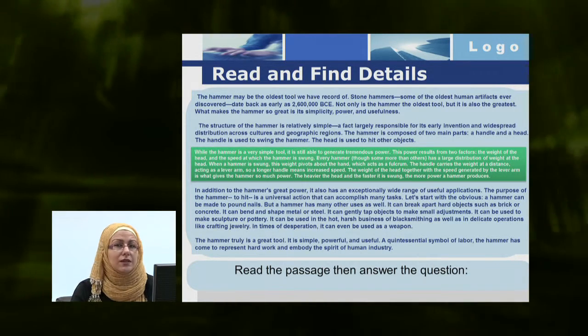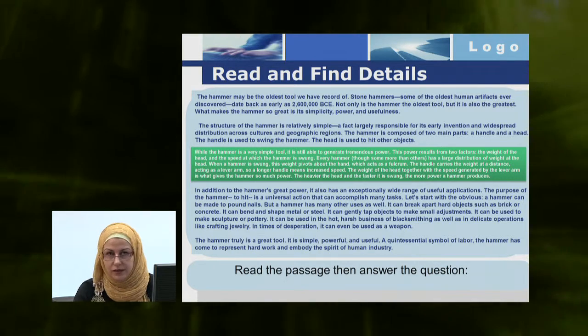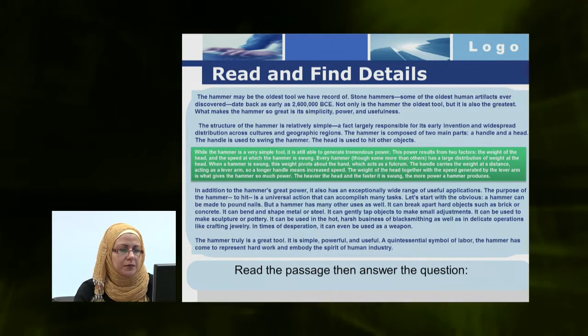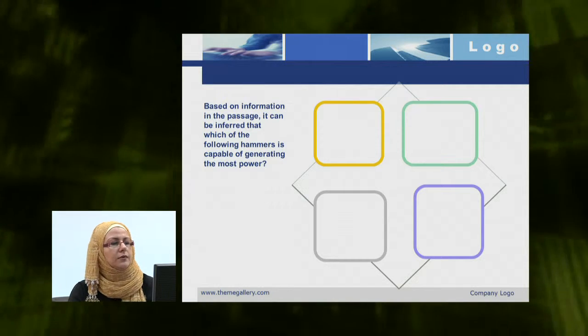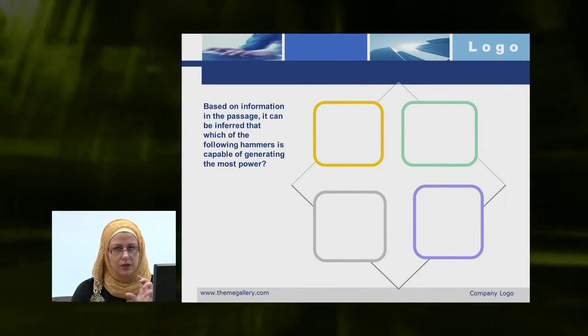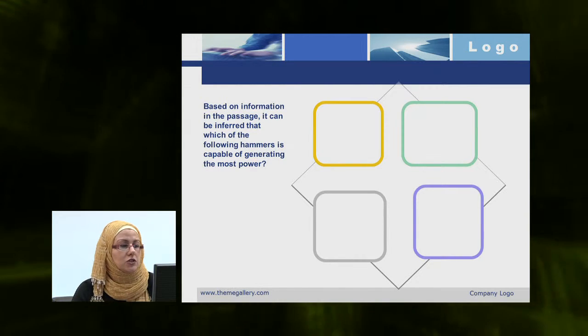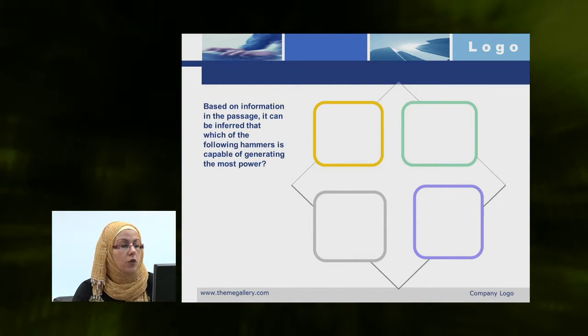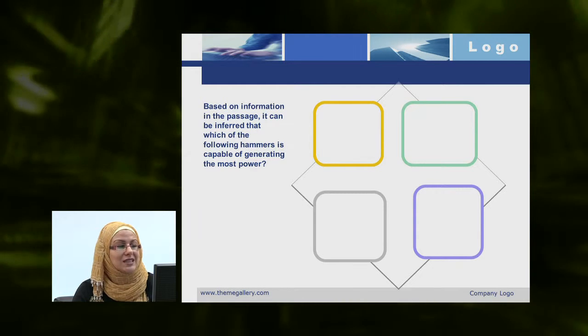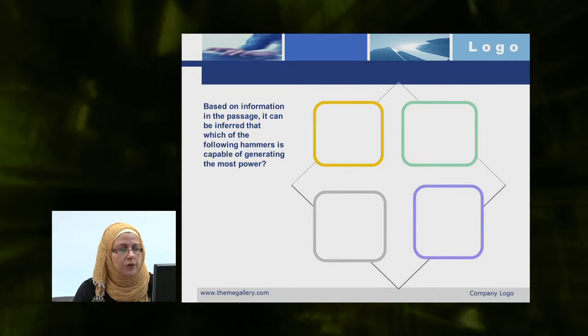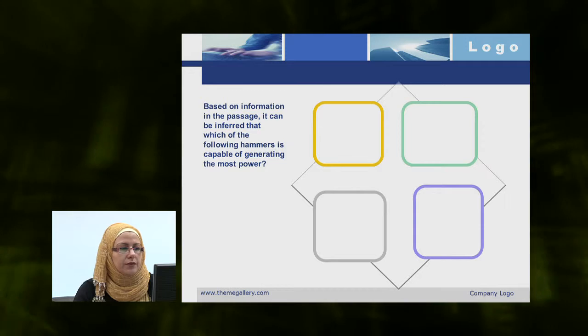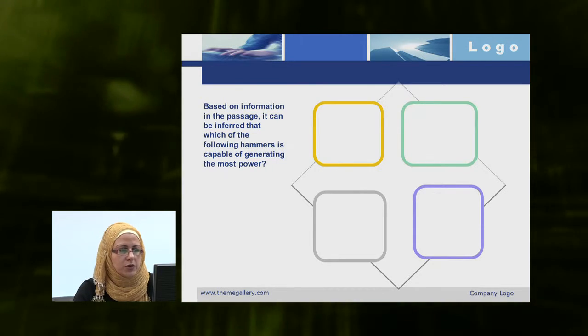To help you, the detail is in paragraph 3, the highlighted paragraph. Now, the stem of the question says, based on information in the passage, it can be inferred that which of the following hammers is capable of generating the most power? The text is about types of hammers.